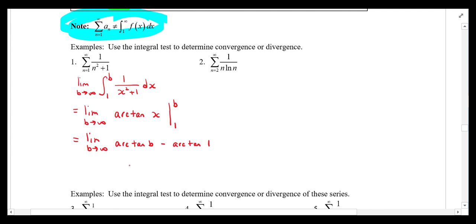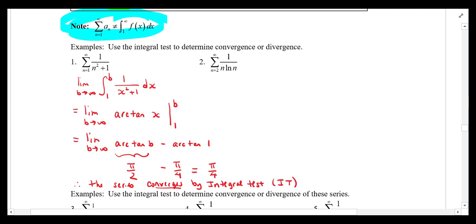That must be one of those vertical asymptotes, so this becomes pi over 2. The arctangent of 1 is pi over 4. So pi over 2 minus pi over 4 is pi over 4. This is a number. Therefore, the series converges by the integral test. The short form for that would be IT.